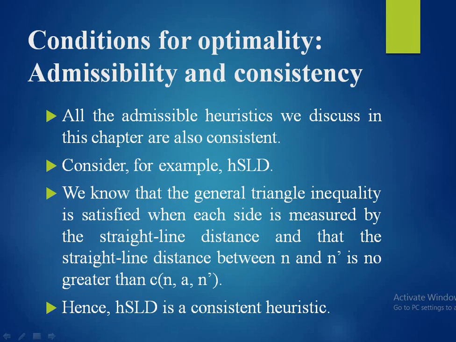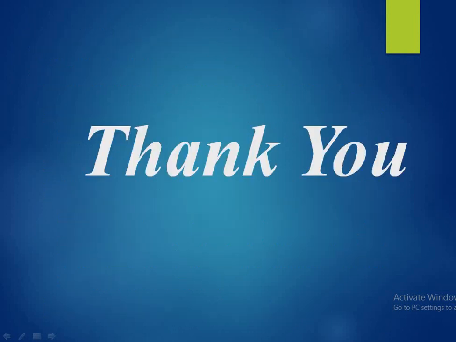So in this video, we have studied informed search strategies. We have considered here the A star search, which is also known as minimizing the total estimated solution cost. So A star search is used for minimizing the total estimated solution cost.